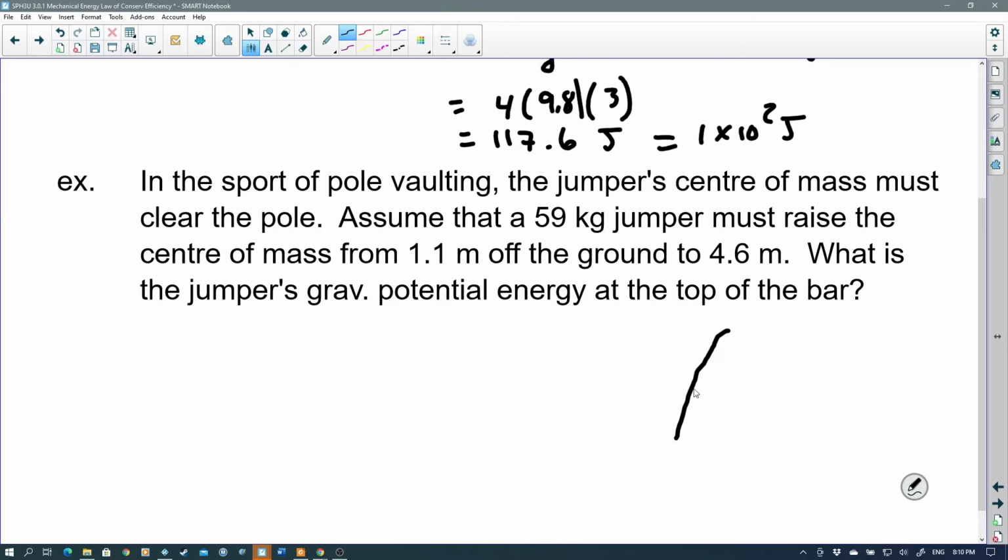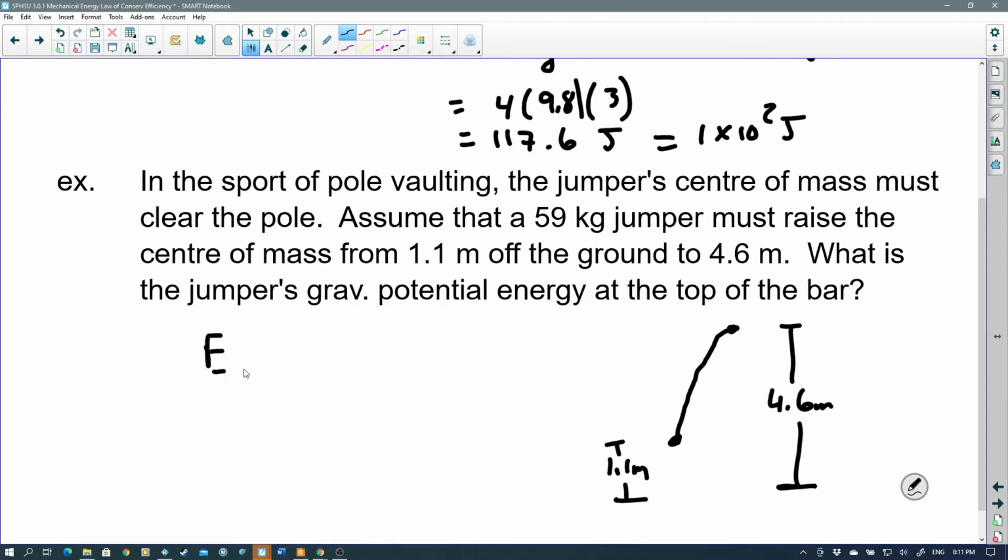There's going to be a little bit of a parabolic curve to the path, but all that we need to know is the original height, which is 1.1 meters, and the final height, which is 4.6 meters, and we're going to be able to calculate the gravitational potential energy at the top of the bar.